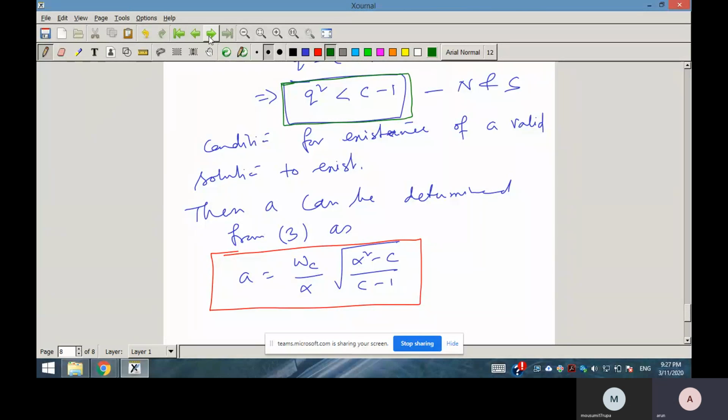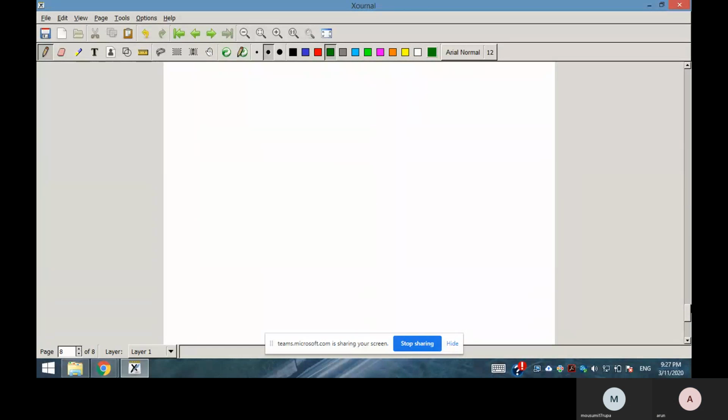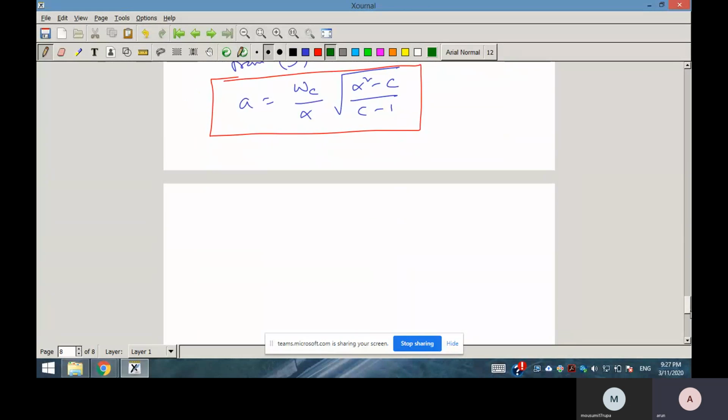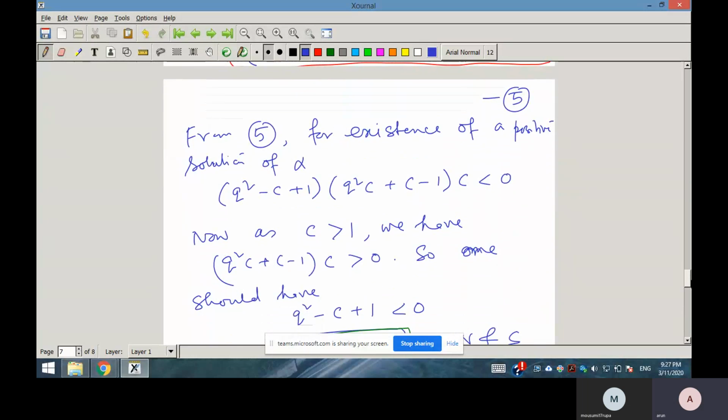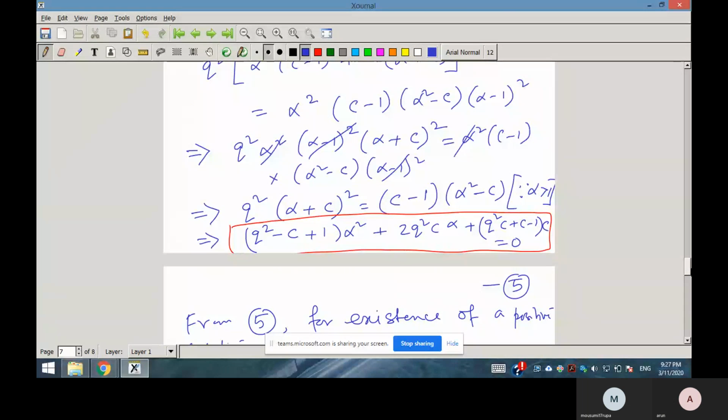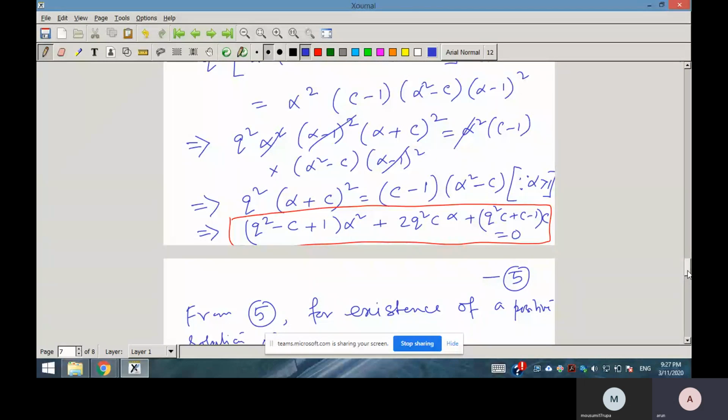Now one example we will consider. A simple example.